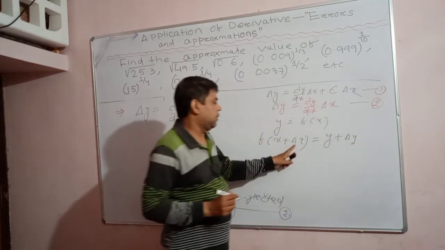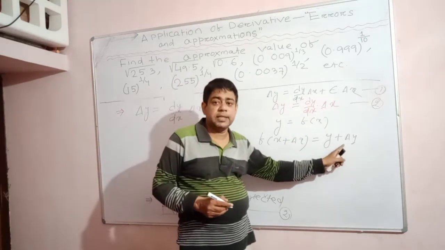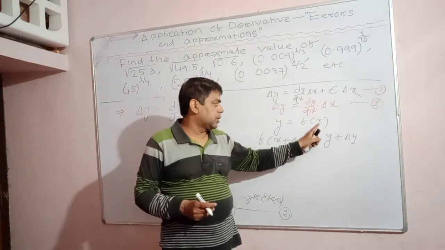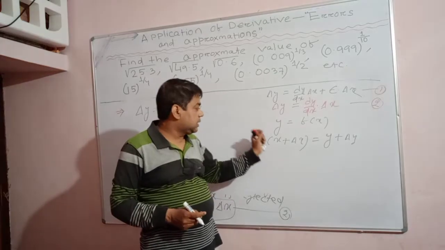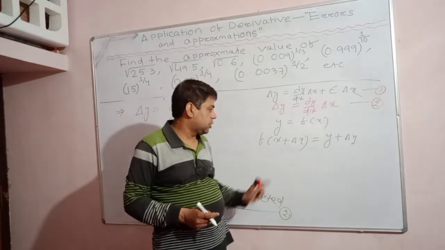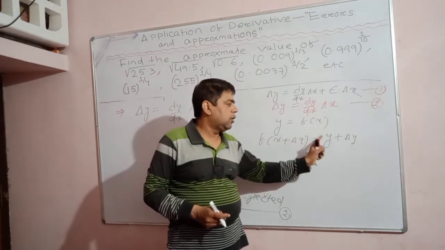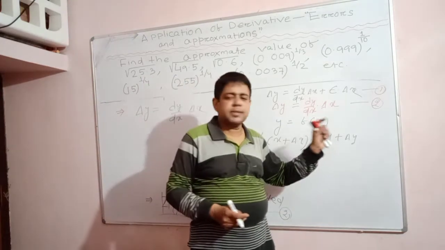If there is a small change in the value of x, there is also a corresponding change in the value of y. When the domain of the function is x, then y is equal to f of x. If x changes by del x, the final value is x plus del x, so the functional value also changes to y plus del y.